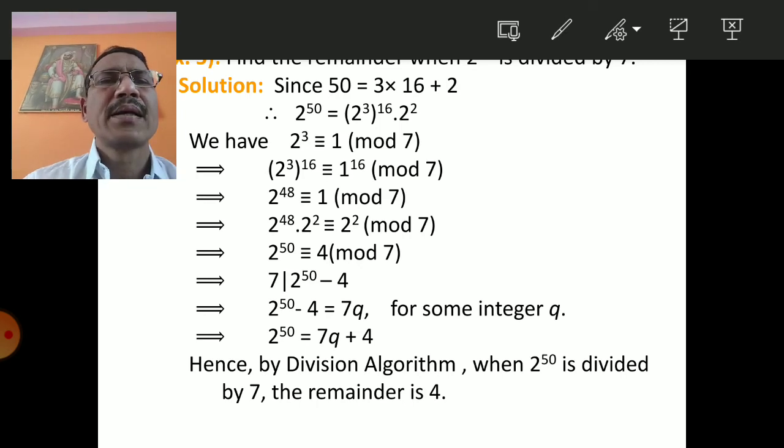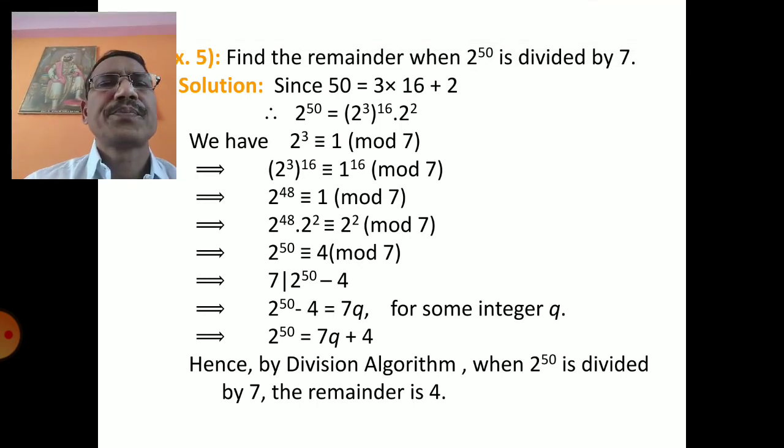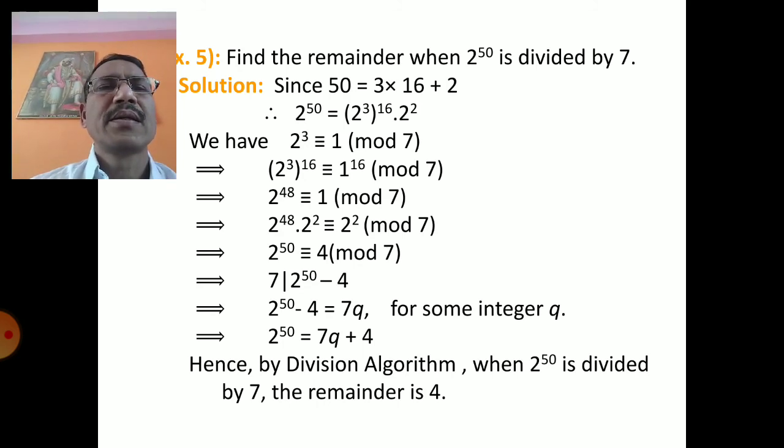And then by the definition of divisibility, it can be written as 2 raised to 50 minus 4 is equal to 7k, or you can take it as q also, for some integer q. That means 2 raised to 50, transferring this minus 4 to the right side, will become 2 raised to 50 is equal to 7q plus r.